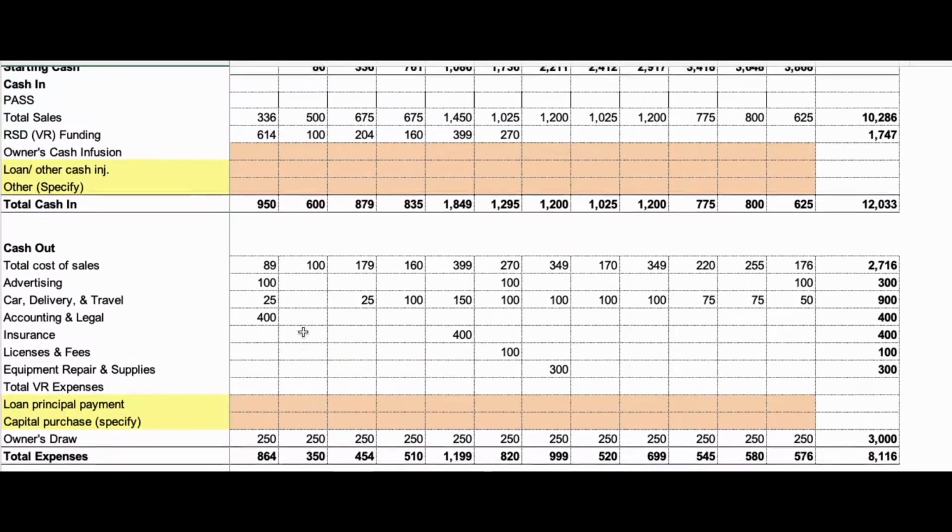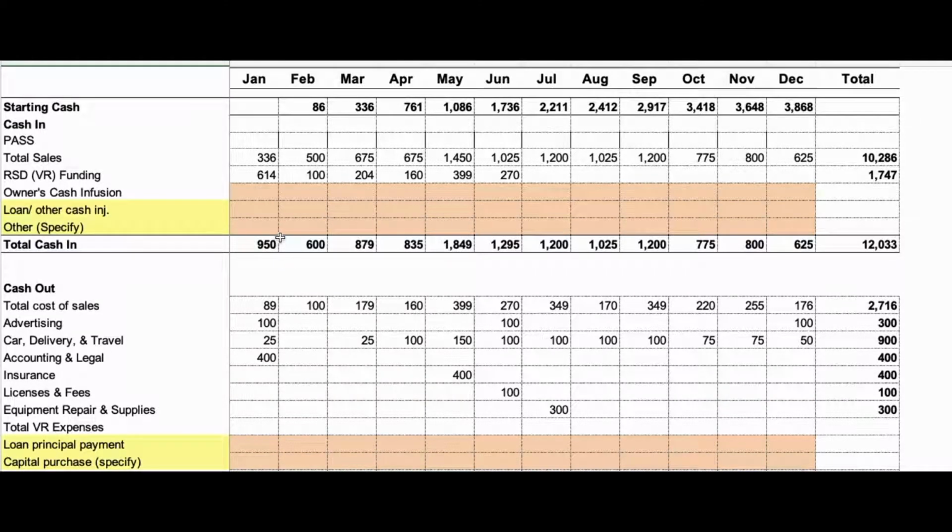In Stephen's case, if we look at the month of January, he had total sales income coming in of $336, another $614 from VR, and if we add those together, that gives him total cash in of $950.